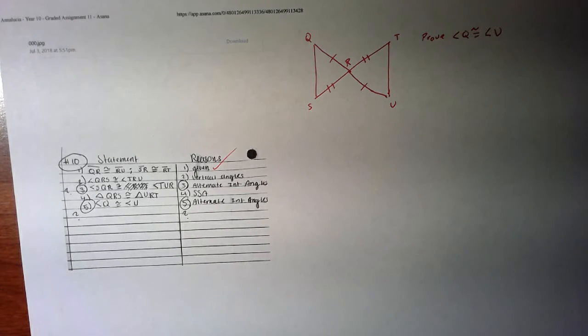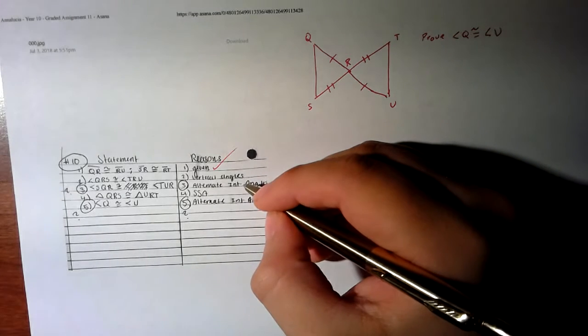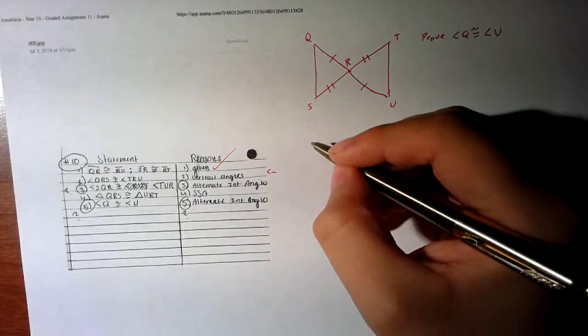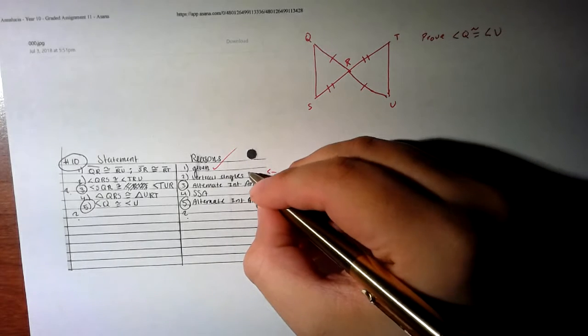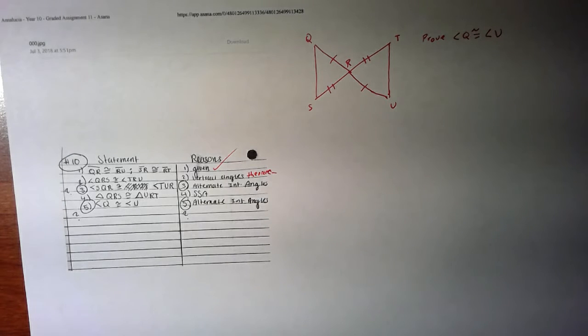Good. The next one is correct, but you need to fix it a little bit. First of all, the reason would be vertical angles theorem. You have to include that. It's not just vertical angles, it's the vertical angles theorem.